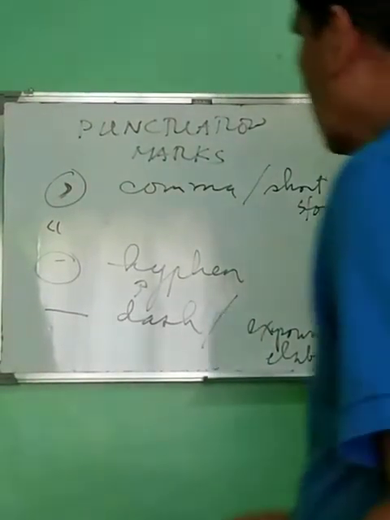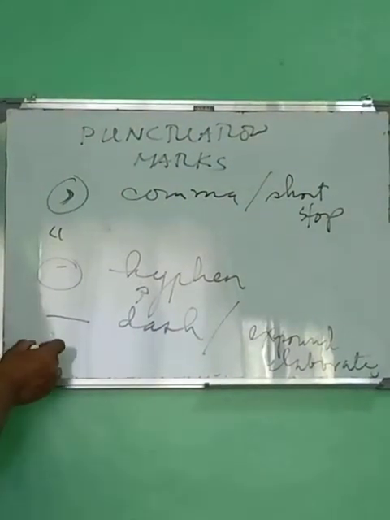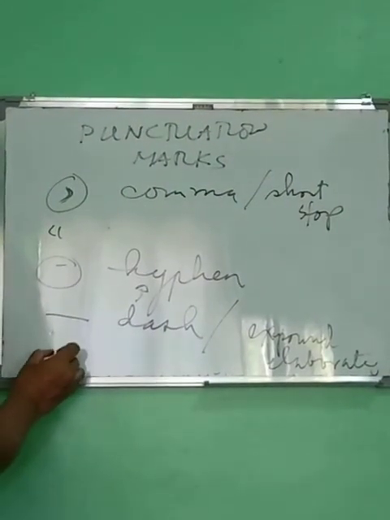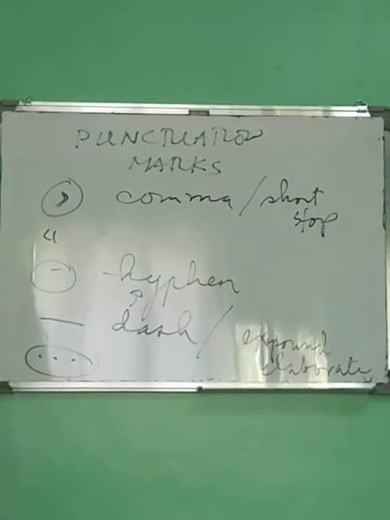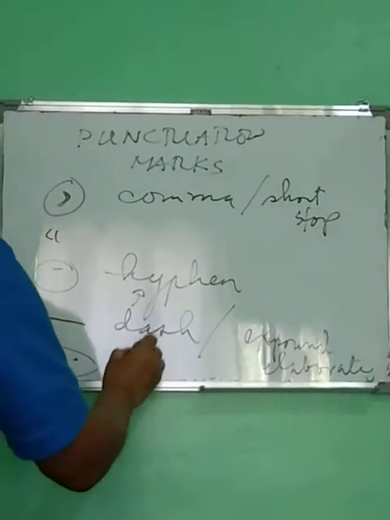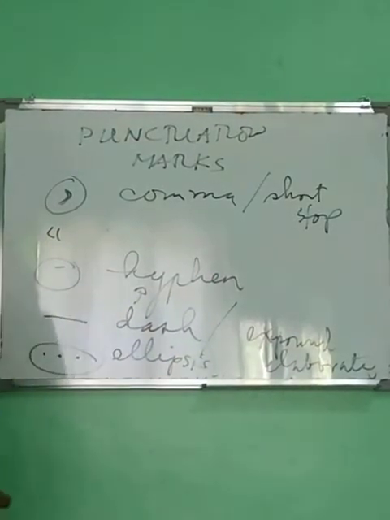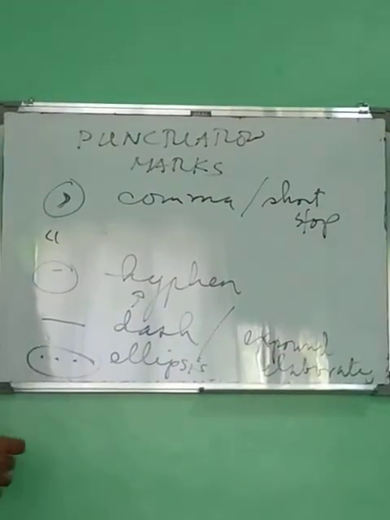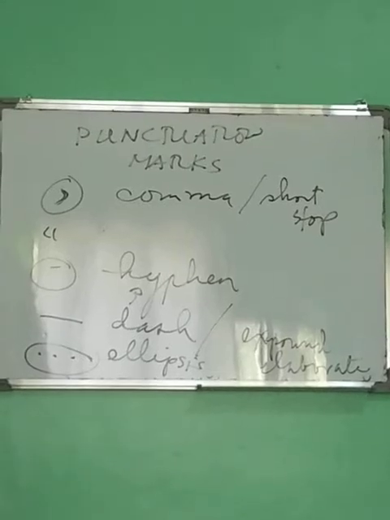What else are the commonly used punctuation marks? Say, for instance, the three periods. What do we call this? We call that the ellipsis, which would indicate that you are shortening, that you have omitted some of the words or some of the numbers.